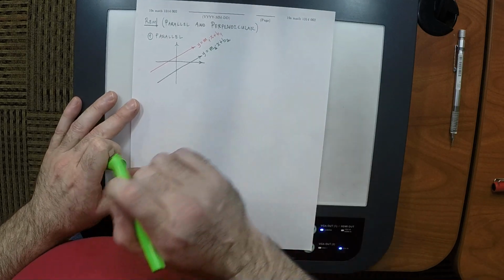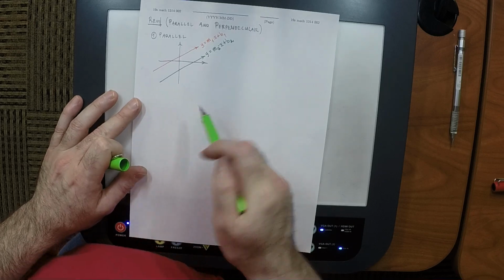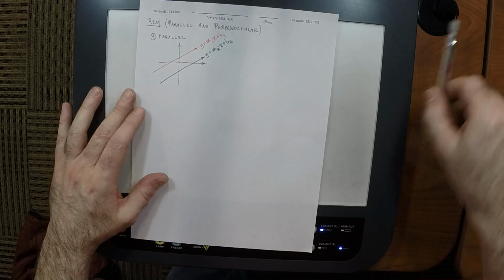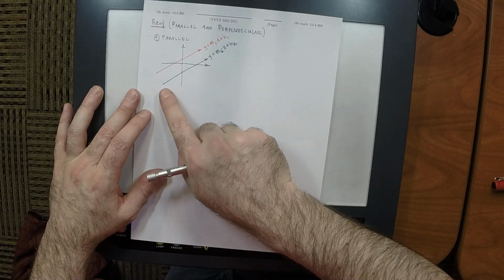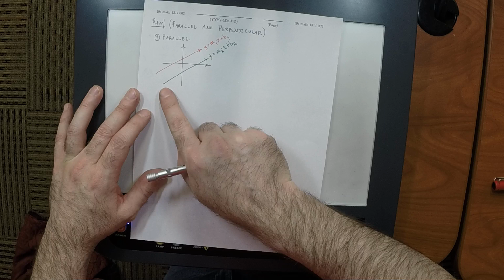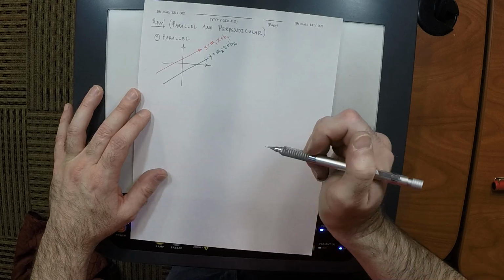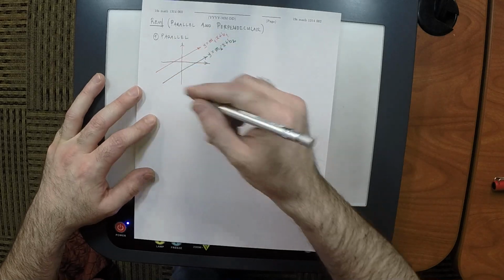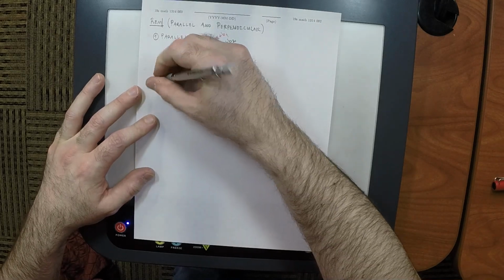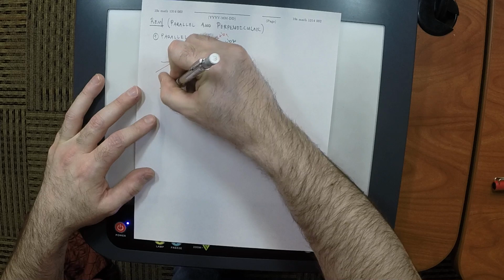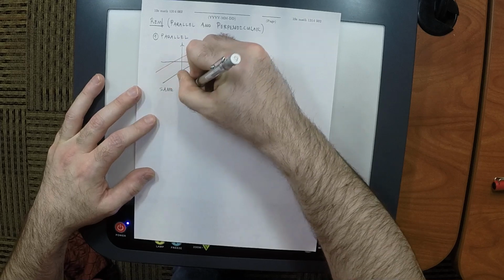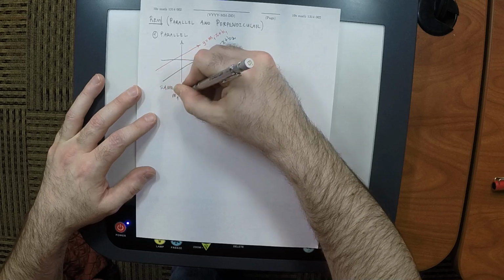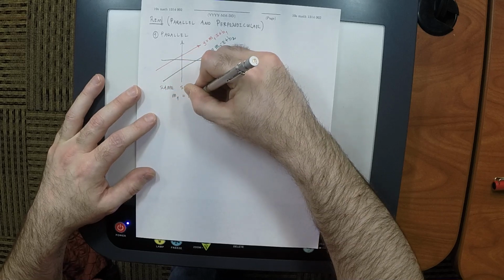And now the question is algebraically, what must be true in order for these lines to be parallel? It's going to have something to do with the slopes. What must be true? Not so, sort of what the intuitively obvious thing is that they have to have the same slope, which is to say that m1 is m2.